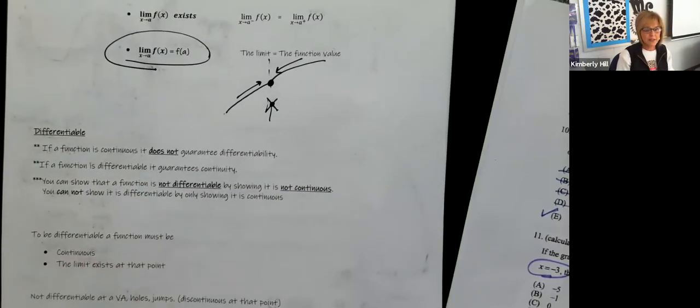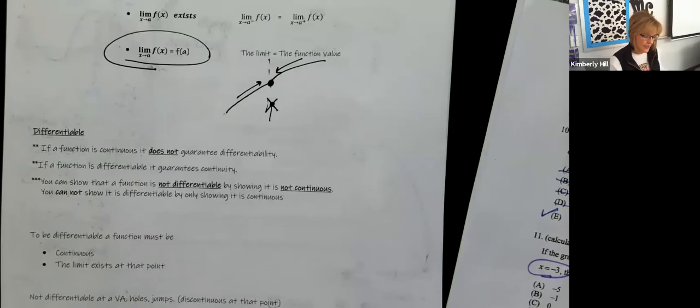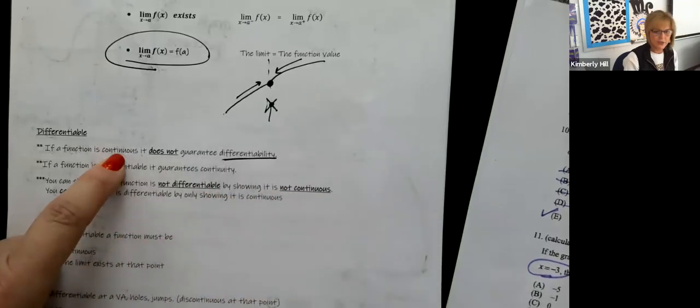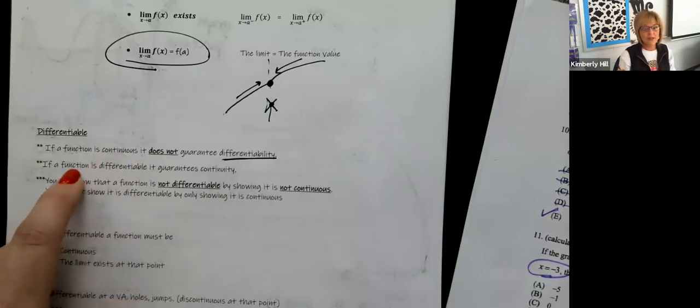Another big deal that I wanted to make sure I say, this wasn't necessarily in this session, but I looked at all the topics and this is nowhere in any of the other topics, and it is so important, I feel like, is that just because a function is continuous does not guarantee differentiability. And they will ask questions about this.